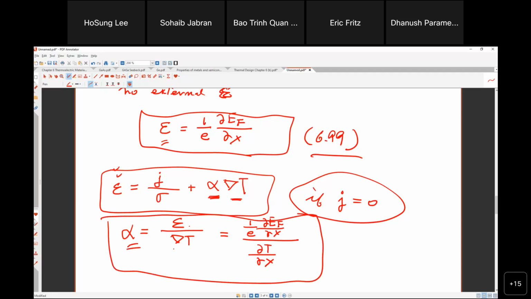We had some difficulty figuring out the nature of Seebeck. It turns out this now. Okay. So we'll figure out later, but this is the basic Seebeck coefficient.